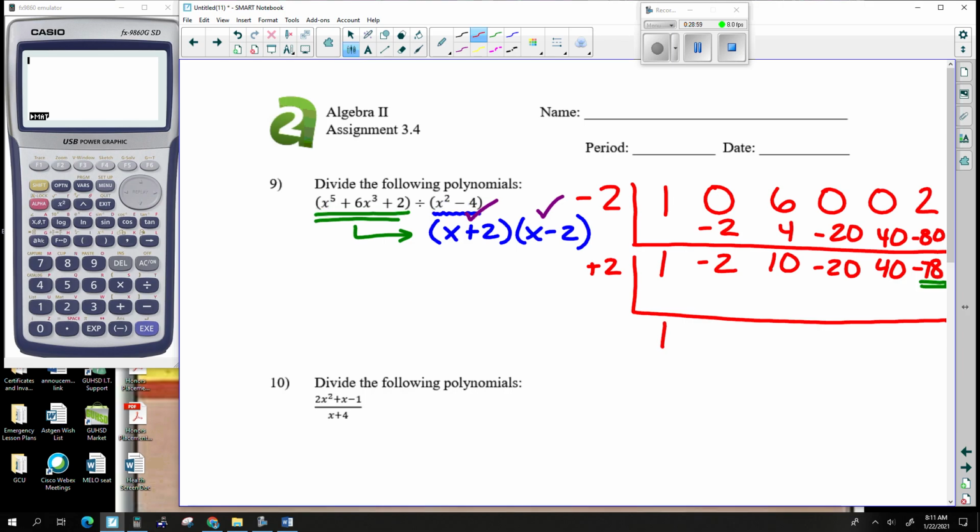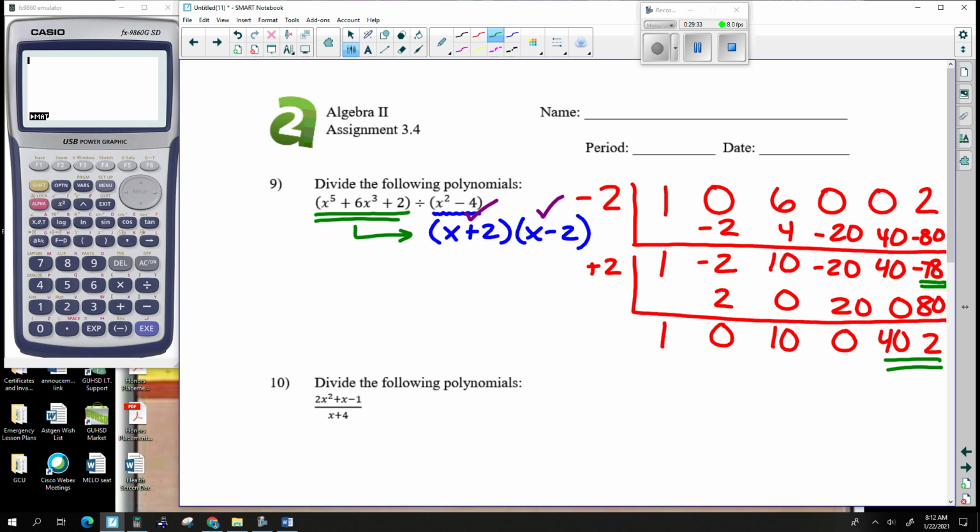So I multiply, add, multiply, add, multiply, add, multiply, add, multiply, add. Okay, so now if there was one remainder before, now there's 2 remainders. And I'll show you how to handle that.